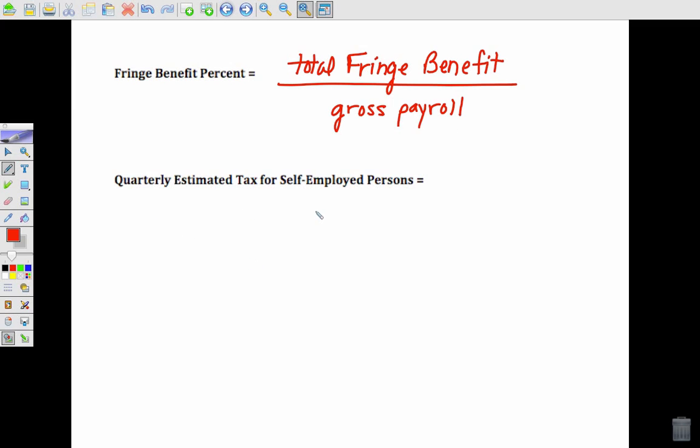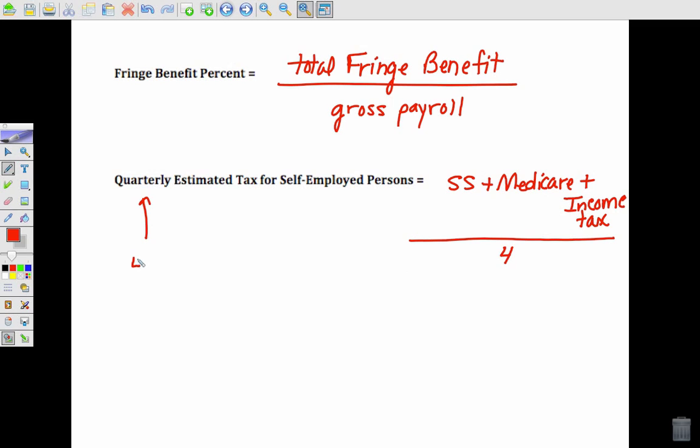And the quarterly estimated tax for a self-employed person would be: you take your Social Security plus the Medicaid or Medicare plus your income tax, and you divide that by 4.